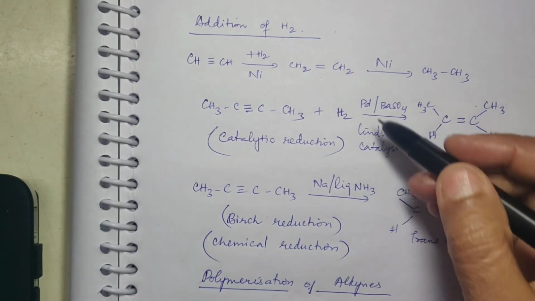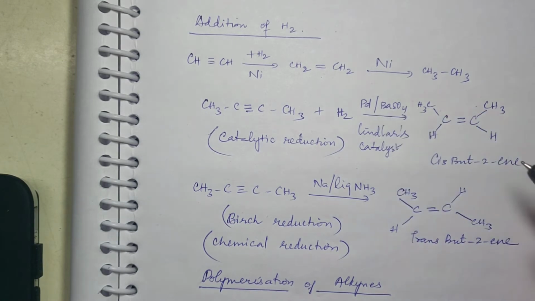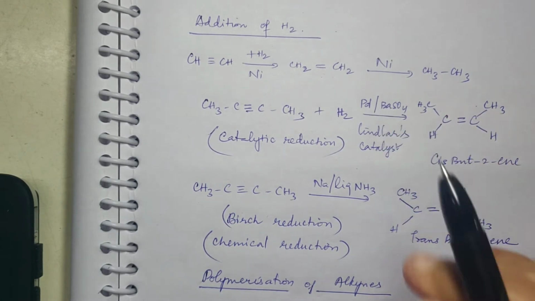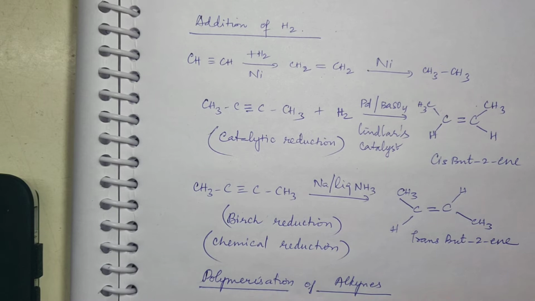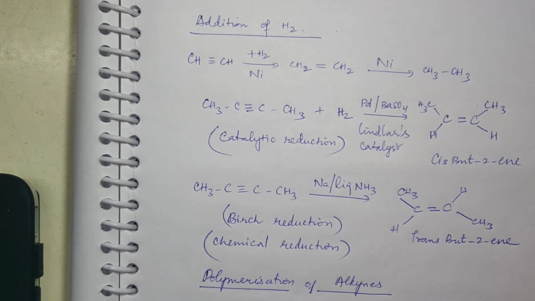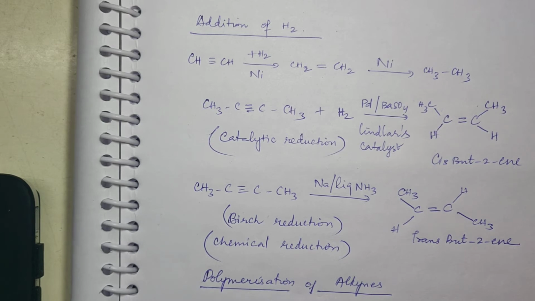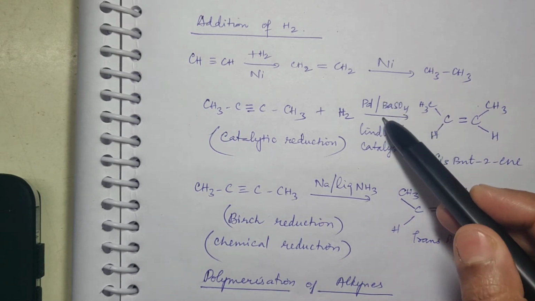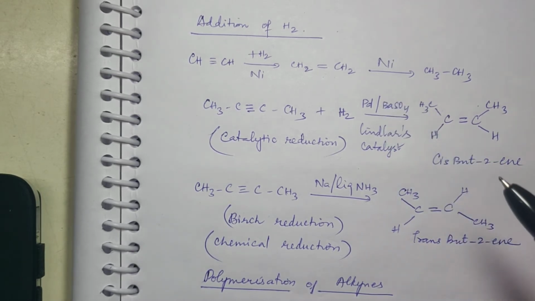So this palladium is a transition metal. It's a d-block element, and it has a rough surface. Now rough surface means there will be so many small gaps in between, or I can say गड्ढे होते हैं. तो उसमें बेरियम सल्फेट का जो प्रेसिपिटेट है उसको स्मेयर किया जाता है.